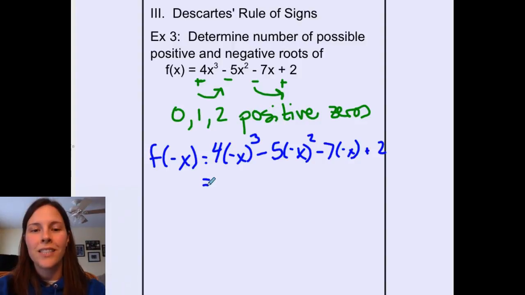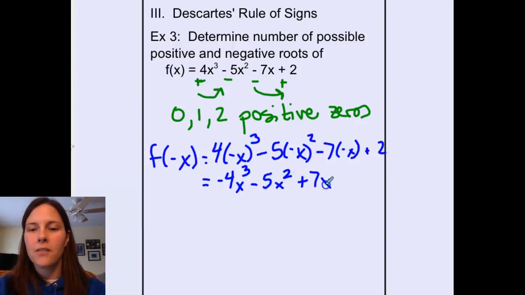That negative will stay negative, so it becomes negative 4x cubed. Our second term, the negative x squared, will become positive, so we stay negative 5x squared. Our third term, the negative times negative, will become positive, and of course our 2 stays positive. So the signs on this are negative, negative, positive, positive.